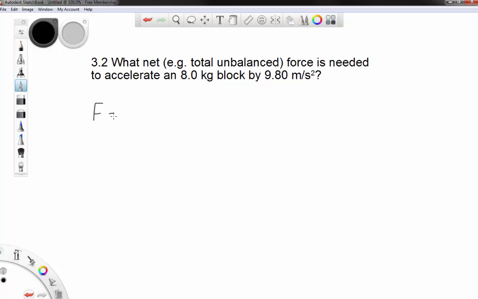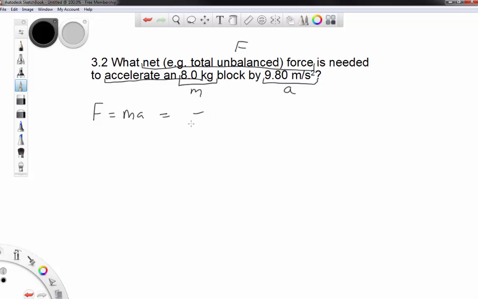So we're going to use F equals ma, where this right here represents F, the net force. This right here, acceleration, is 9.8 meters per second squared. That's going to be a. This right here is actually the mass of the block, m.